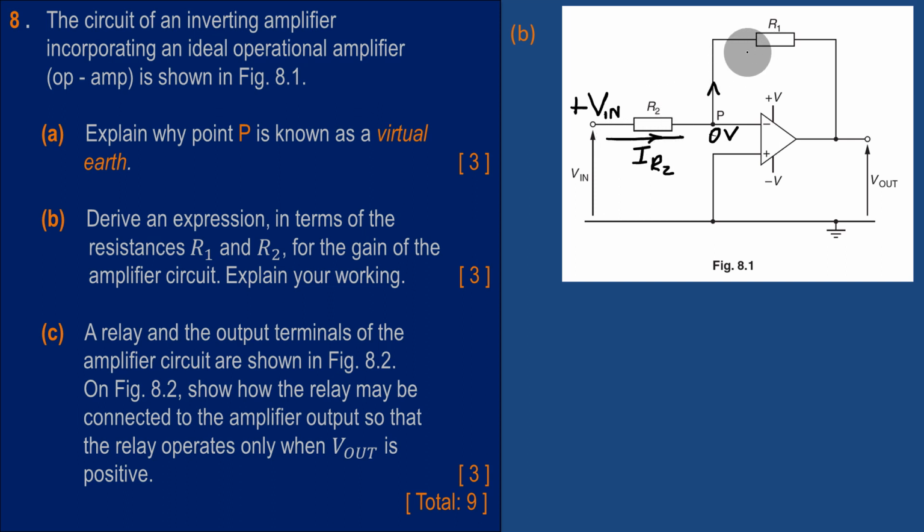That means when we consider the current which flows through R1, which we can call IR1, the two currents must be the same. So that is where we start from. We say that IR2 must be equal to IR1.